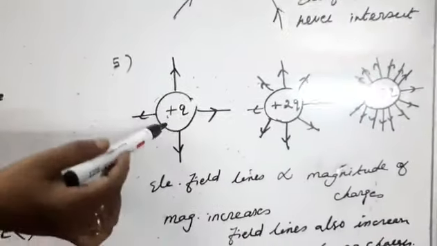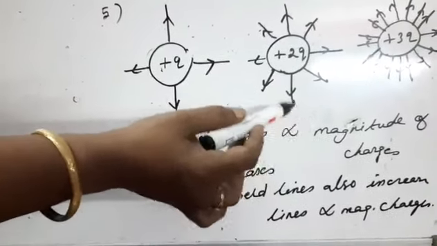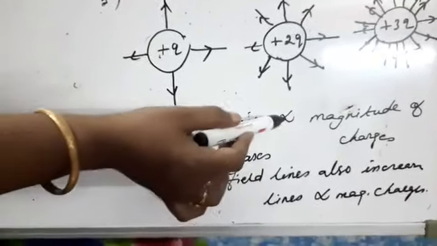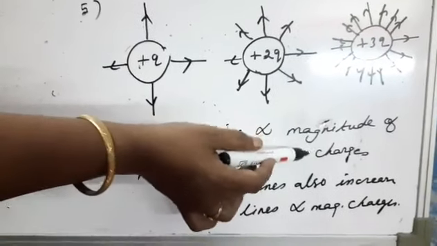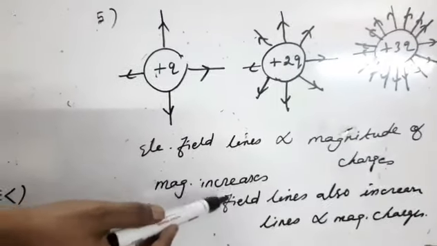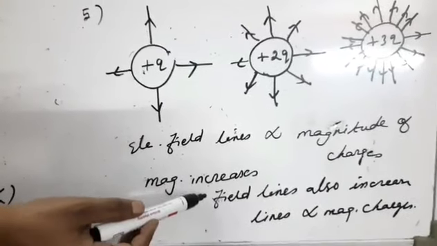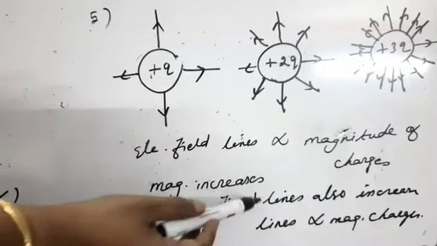Therefore, what is the fifth rule? The number of field lines is directly proportional to the magnitude of the charge. So the field lines increase only because of the magnitude: when the magnitude increases, the number of field lines increases.